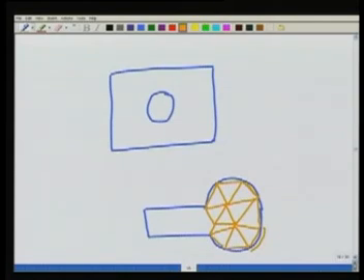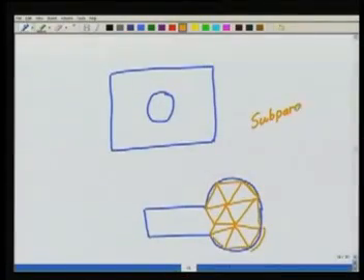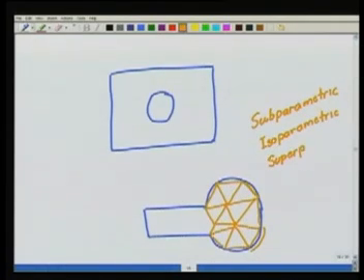So in that case, the linear mapping will not do, we will have to use a higher order mapping, that is mapping in terms of higher order polynomials. So we will be talking of so called subparametric, isoparametric and superparametric maps.